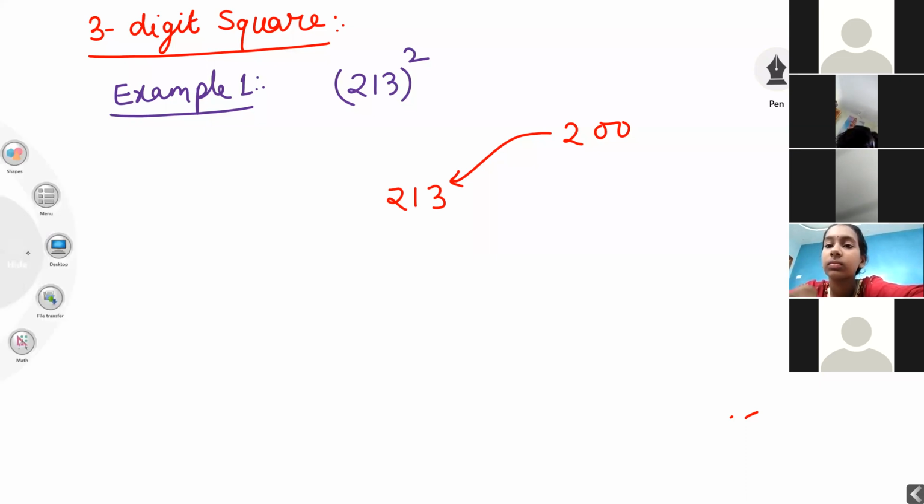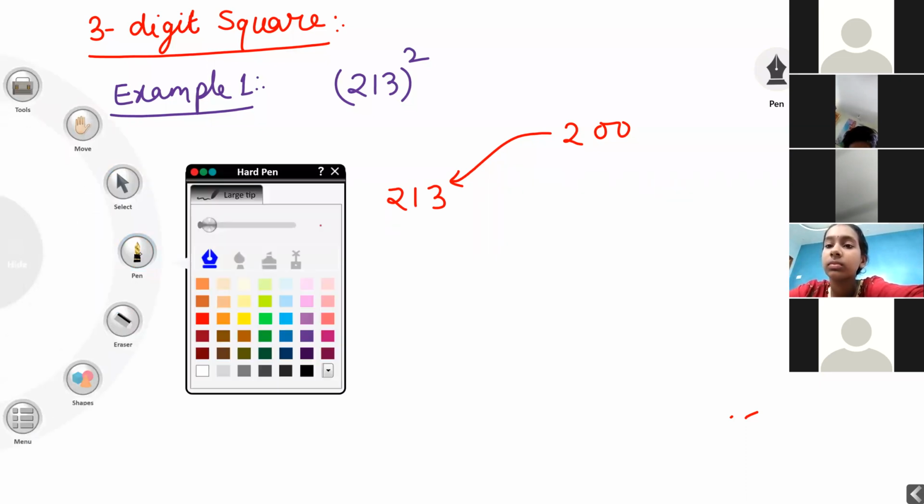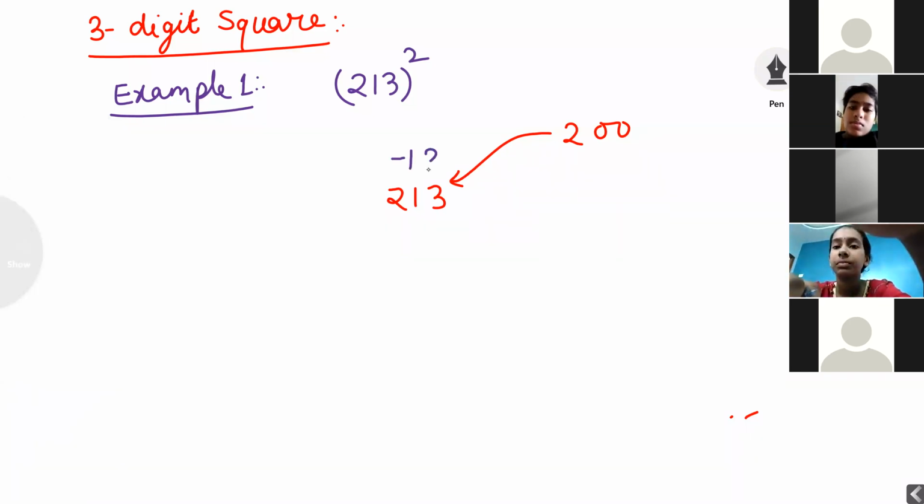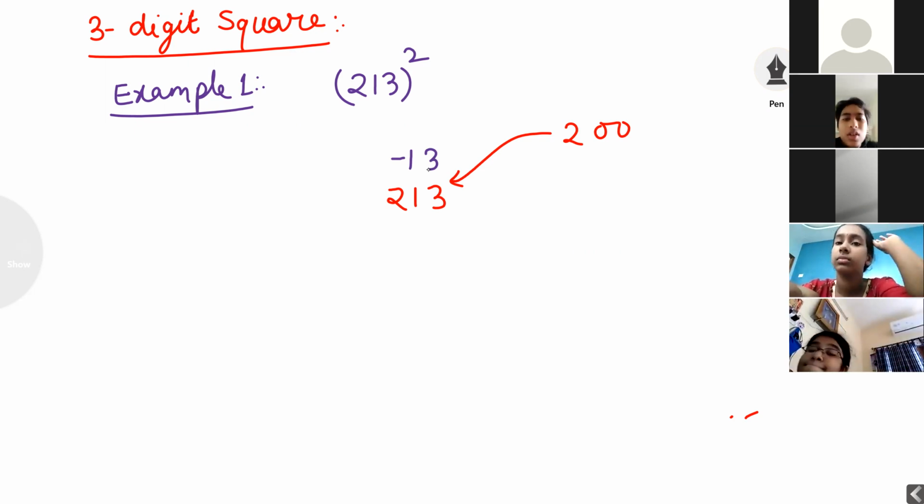Now listen carefully, students. Don't write, listen carefully. What am I doing? Minus 13, I am subtracting. Whatever number I am subtracting, the same number I want to add also: plus 13. The number given is 213.